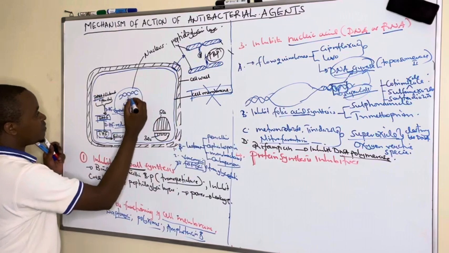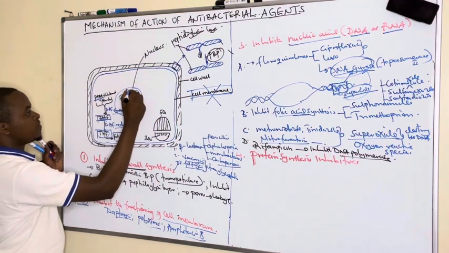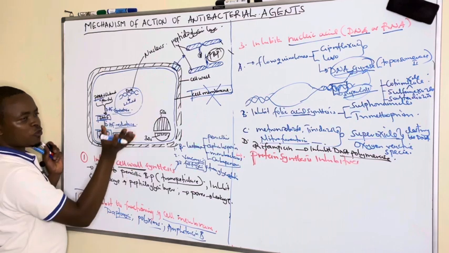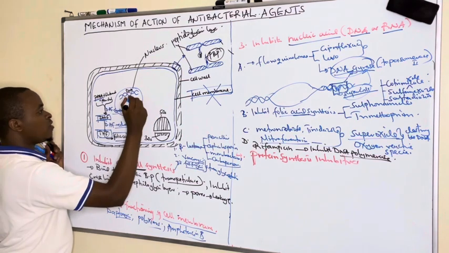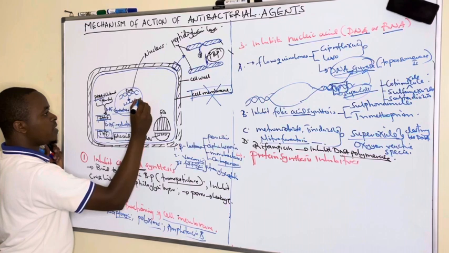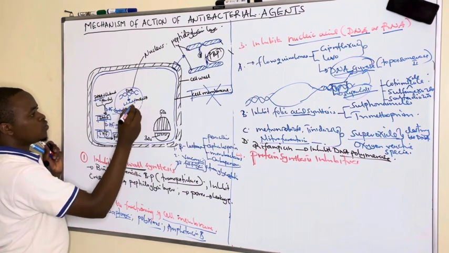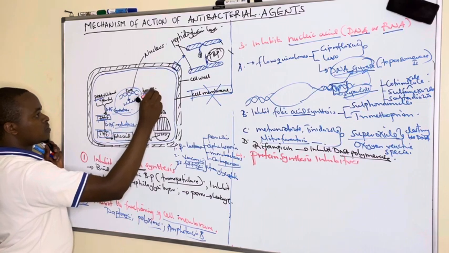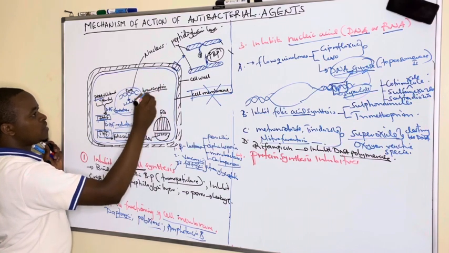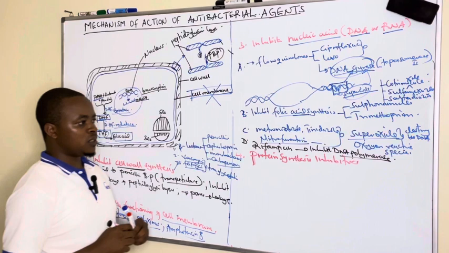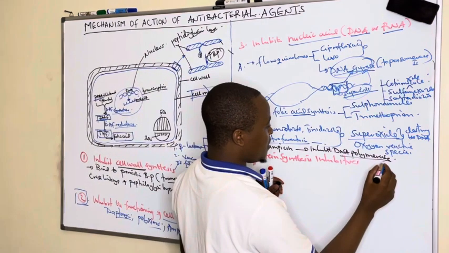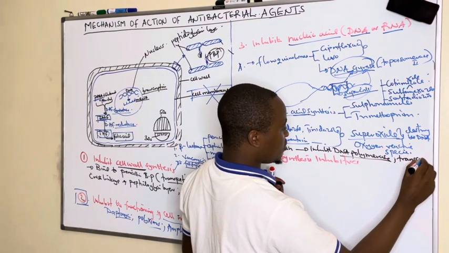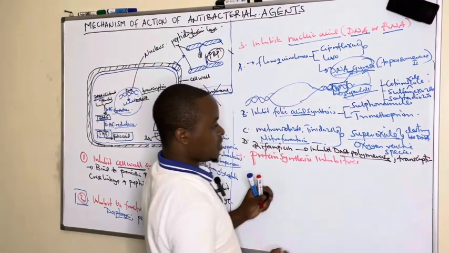If this is the DNA, it undergoes replication to form two strands, which undergo transcription to produce an mRNA. So during the production of mRNA by transcription, rifampicin inhibits transcription by inhibiting the polymerase that plays a big role in transcription, which is the formation of messenger RNA.